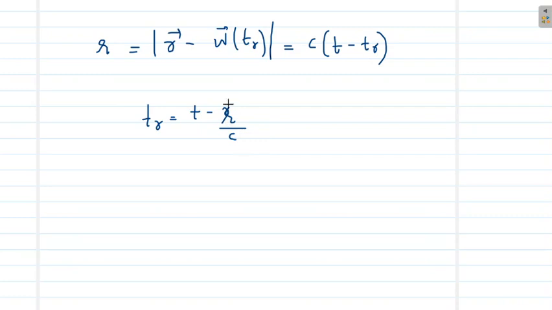So we get curly r equal to c times (t minus t_r). We will be using this substitution in certain equations in this derivation. Let me call this equation number 5. We will use it somewhere in the middle.